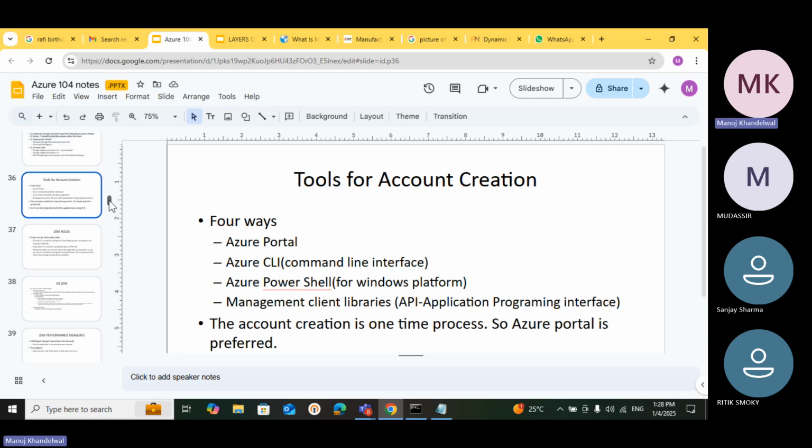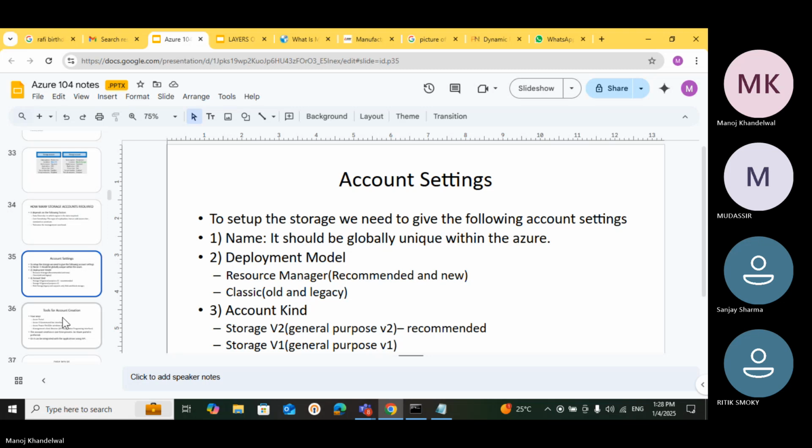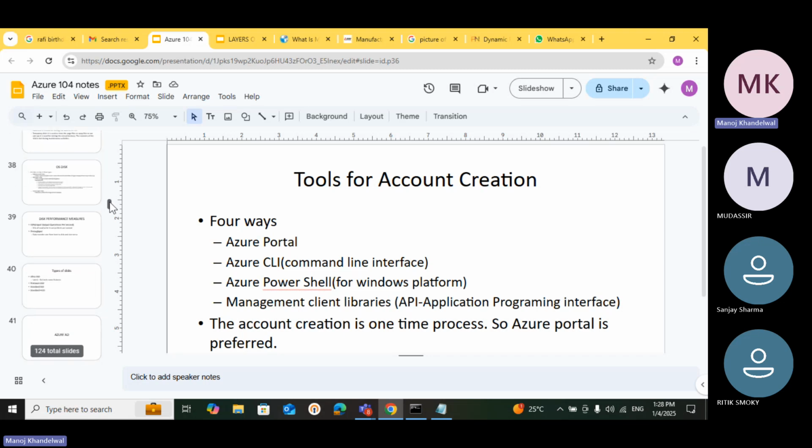Okay, so these are the various types of storage we created. We discussed, rather. I'll share the recording for those who missed the class, but I've discussed the main things again now.